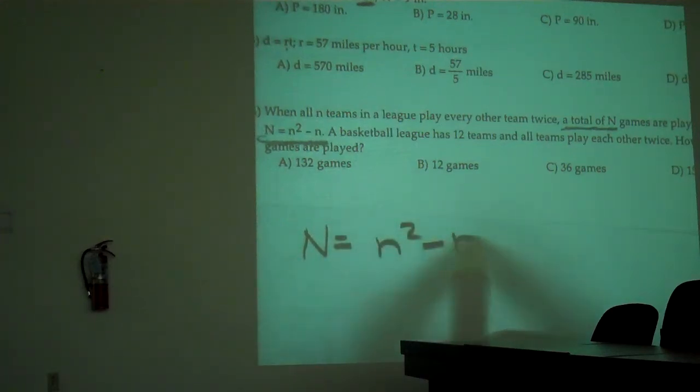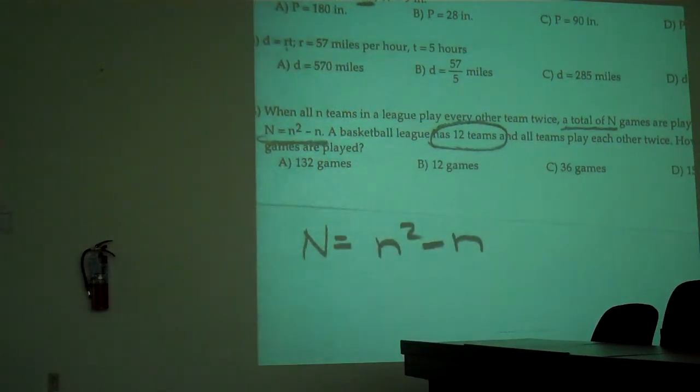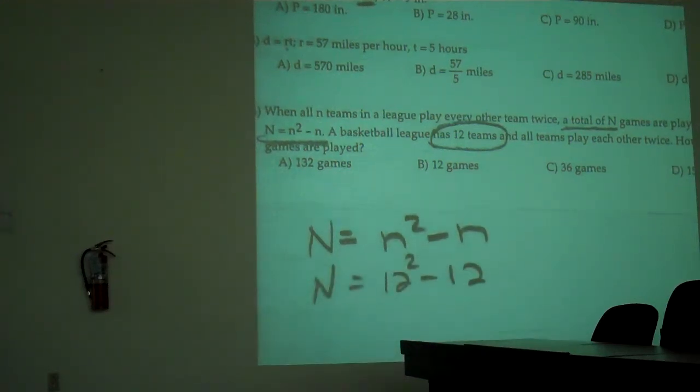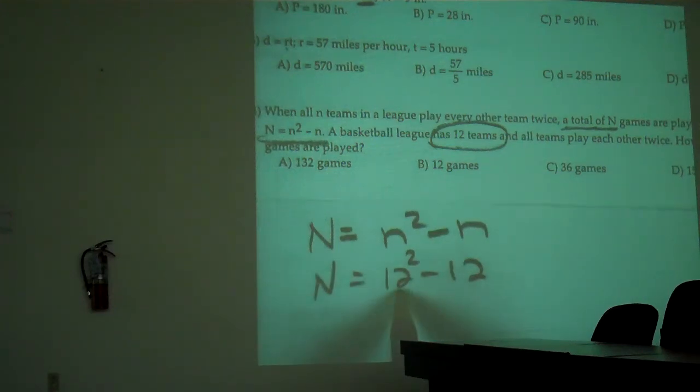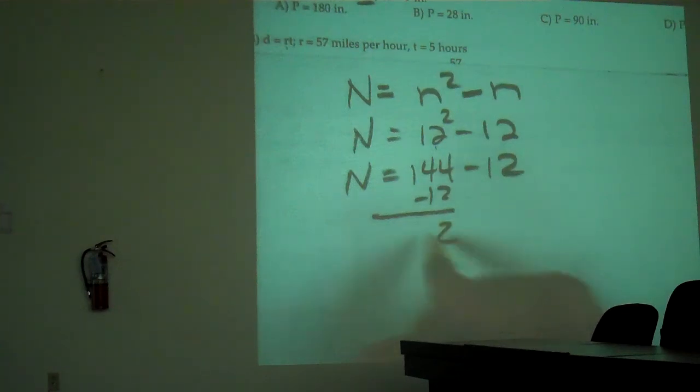N squared minus N. It says there's 12 teams, so you put 12 where the little n is. 12 squared minus 12. So you'd have 12 times 12 is 144 minus 12. 144 minus 12 is 132.